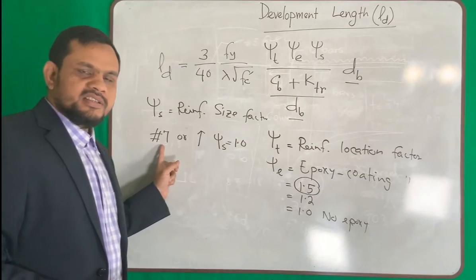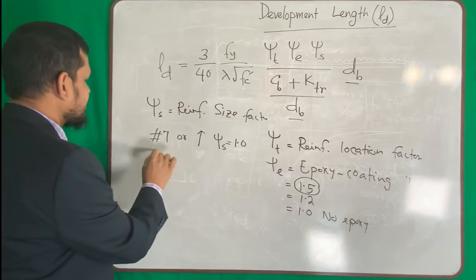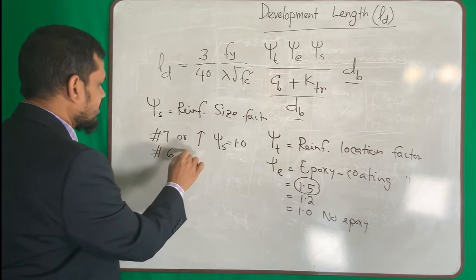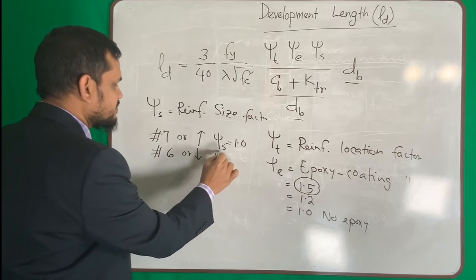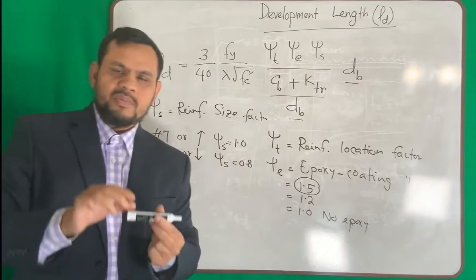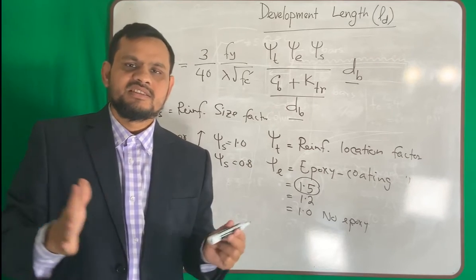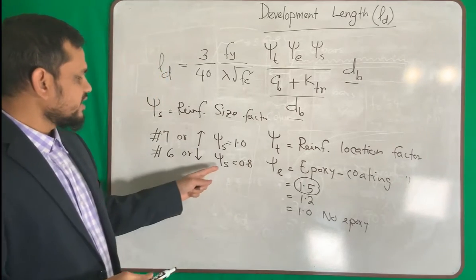If your bar size is number 6 or smaller, this factor is 0.8. Why 0.8? Because if your bar size is smaller, there will be less force in this bar and less distance. So this is why it is less.